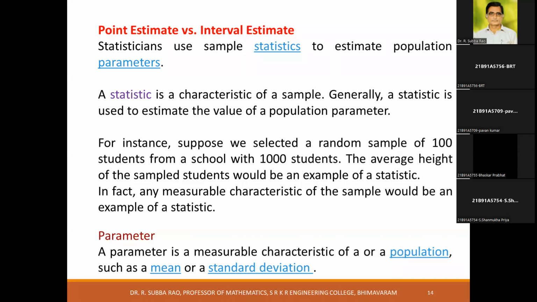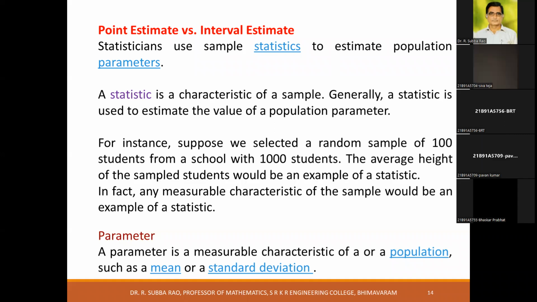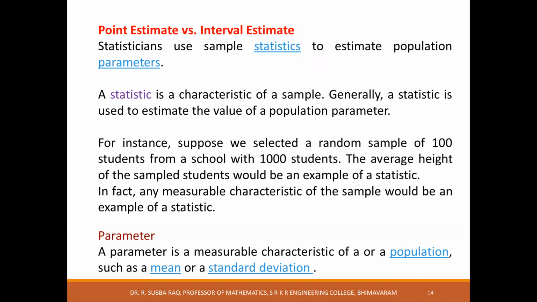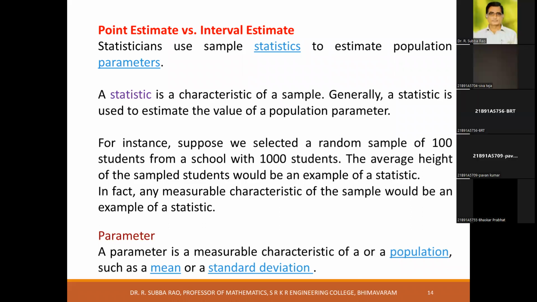So how many different samples can I generate from the population? Capital N is the population size, small n is the sample size. Then I can generate NCn samples. Let us assume that NCn is equal to k. That means I can generate k samples from the population.